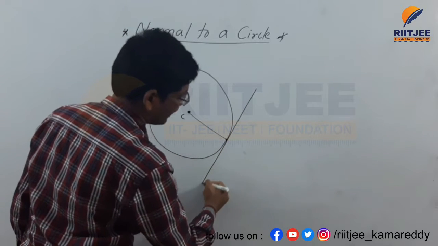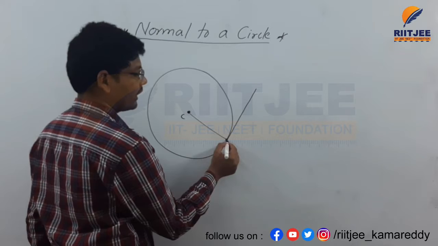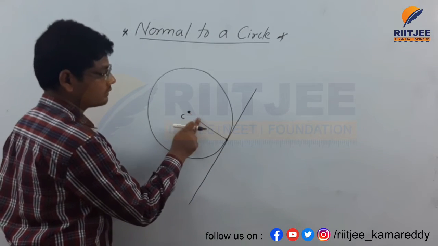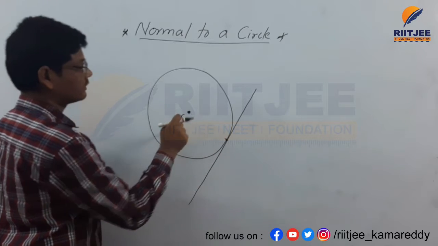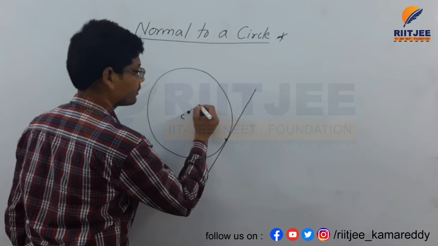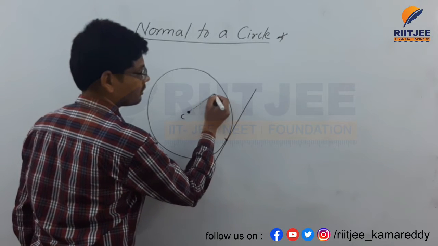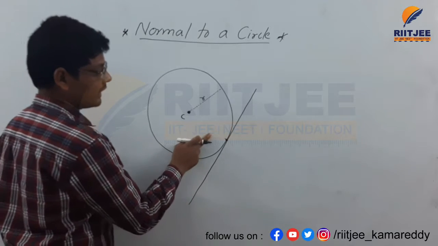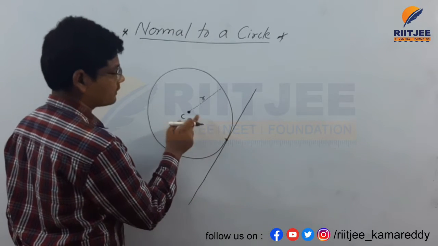From this point of contact, I am drawing a tangent line. This is the radius R.